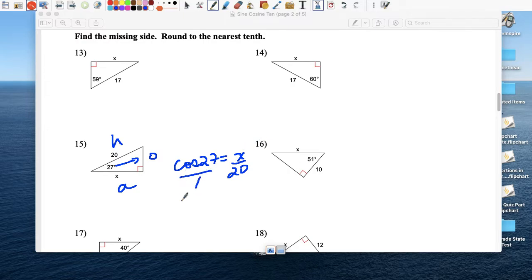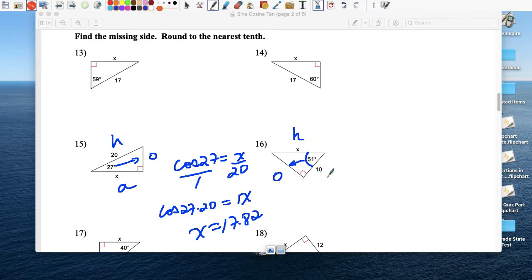Cross multiply, so cosine of 27 times 20 equals x. Second function, cosine 27, enter, times 20. Or you can do this in your calculator a different way. X equals 17.82.